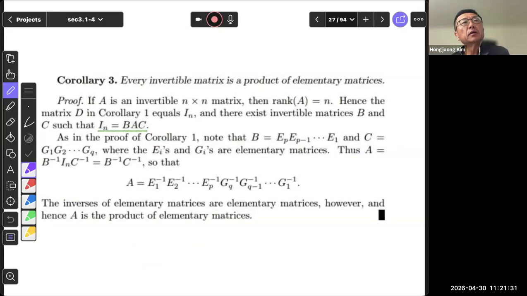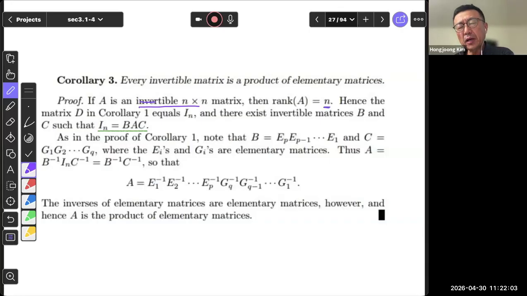Now, every invertible matrix is a product of elementary matrices. Well, if A is invertible, then that means A is first of all a square n by n matrix. So if A is an invertible n by n matrix, then the rank must be n.